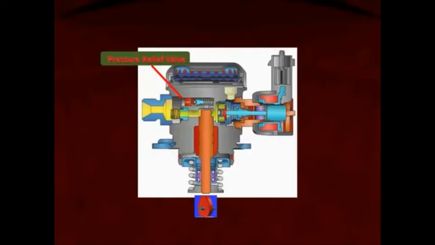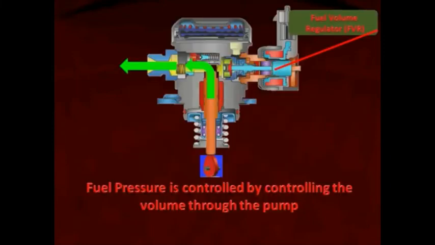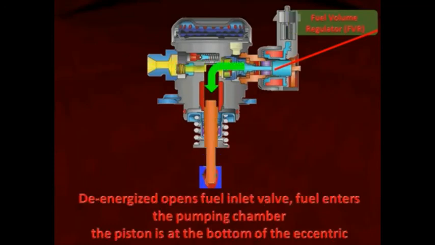in the chamber. And there is a pressure relief valve to keep this pump from internal damage, and that's set by each manufacturer. The fuel pressure is going to be controlled by how much volume the fuel volume regulator or the fuel pressure regulator, that simple solenoid, allows into the high pressure pump.